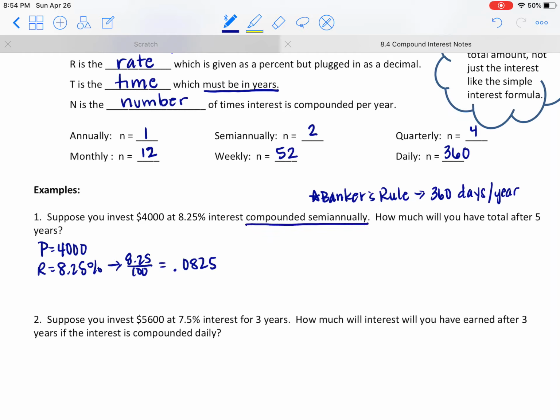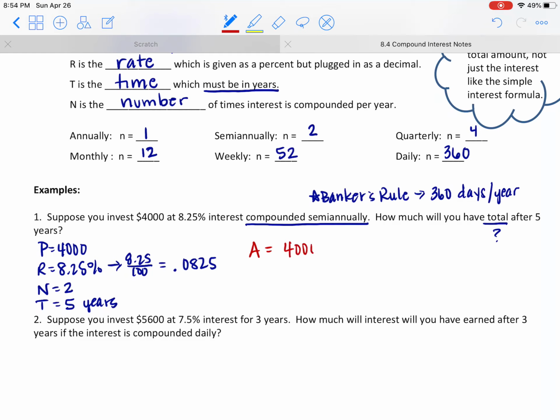Or we can make that 0.0825, either one of those would be fine. And then it says interest is compounded semi-annually. That means n is 2, twice per year. How much you're going to have total after 5 years. So t is 5 years.